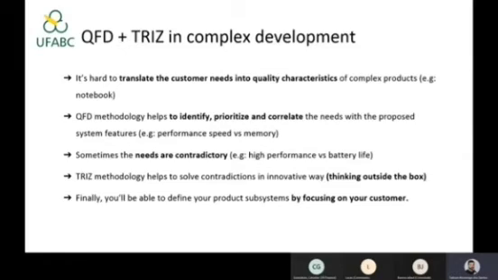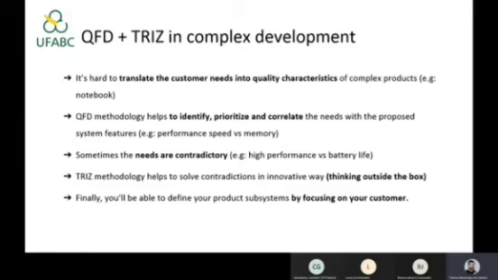And the QFD helps to identify, to prioritize, and even correlate the needs with some proposed system features. For example, if you need some speed performance, you have to have a good memory and stuff to have a good processor performance.